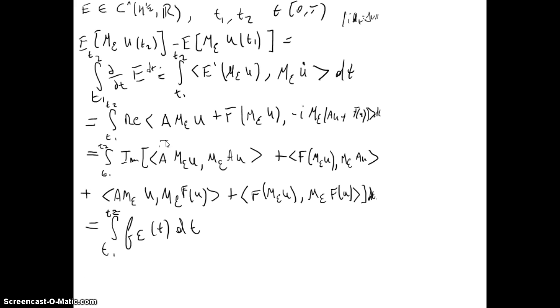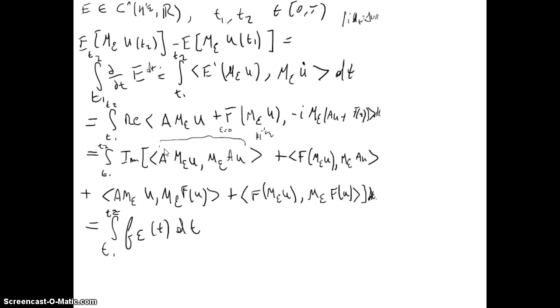Notice that in this term, if epsilon were equal to 0, then we would have Au, Au, and two functions in H^1 and H^{-1/2}, which is not defined.